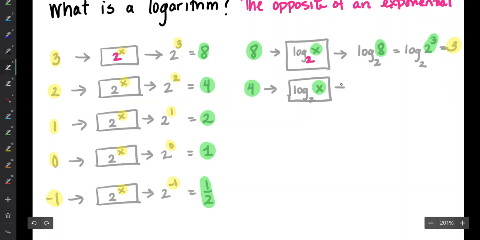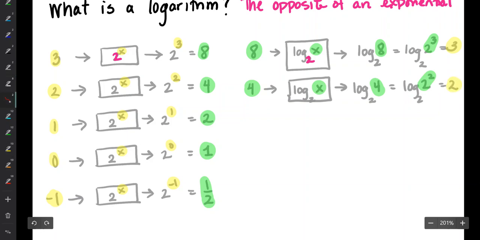So what's going to come out is log base 2 of 4. Well, 4 is a perfect power of 2. It is 2 squared. What does log base 2 do? It takes in a power of 2 and it spits out the exponent. The exponent there is 2.